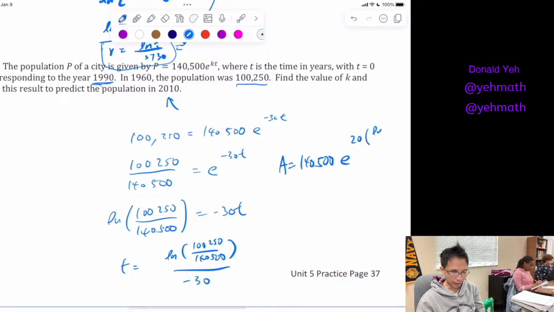Times ln of 100,250 over 140,500 and divided by 30. Somebody work out this for me, please. I don't know what that number is.